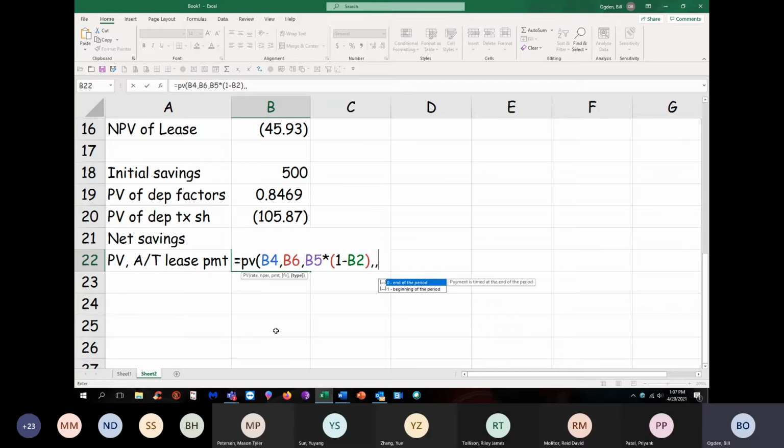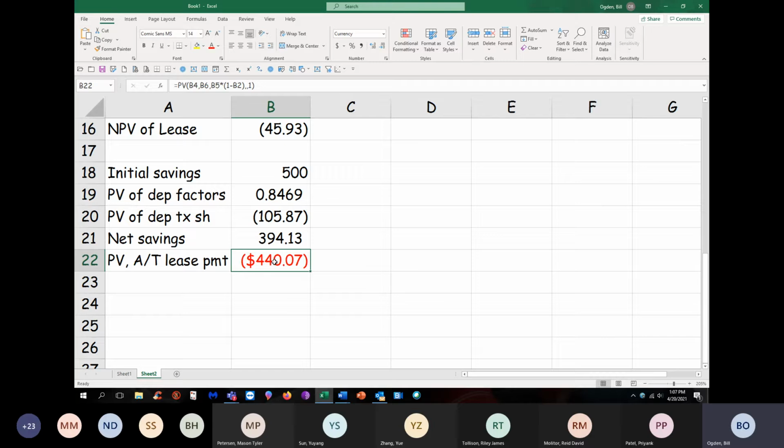Well, in this particular case, we have a beginning of the period annuity, therefore we have to enter the argument. If it's an end of the period annuity, you don't have to do anything with it. But if it's a beginning of the period annuity, you have to specify beginning of the period. If you were doing this on your calculator, you'd have to indicate to your calculator this is an annuity due. Right? So once we have the 1 there, we're in good shape.